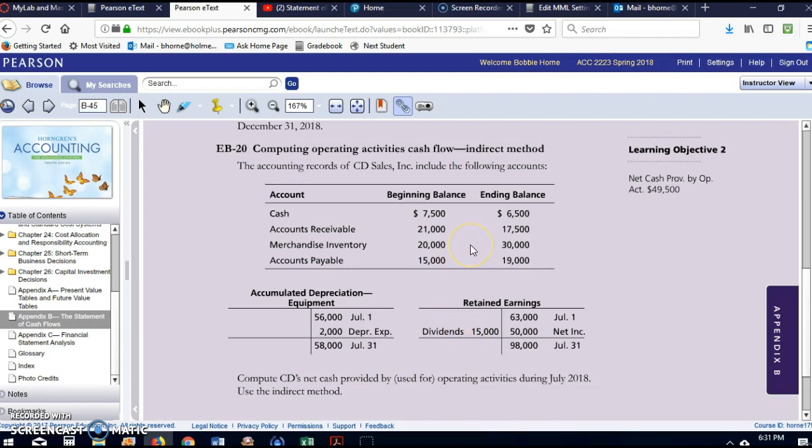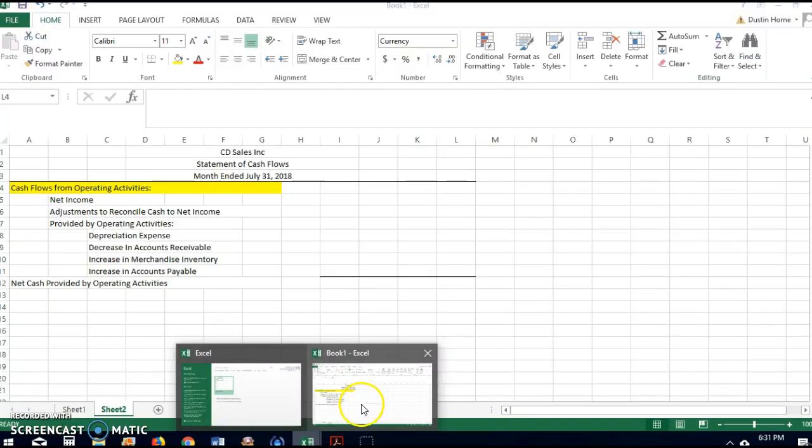We're only looking at current assets and changes in current assets other than cash, and changes in current liabilities, and depreciation, and if we had any gains or losses. We do not have any information about selling equipment or anything, so we don't have to worry about gains or losses here. So let's go ahead and look at the spreadsheet. I've already started it.